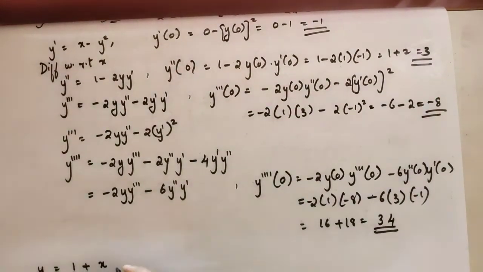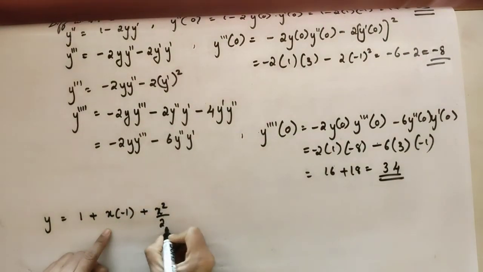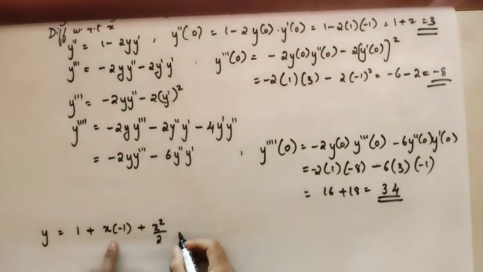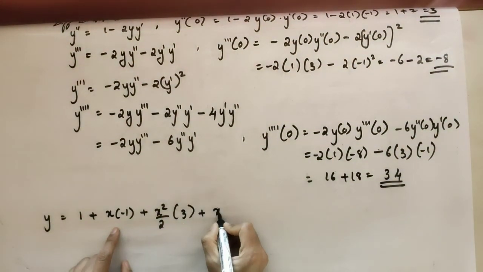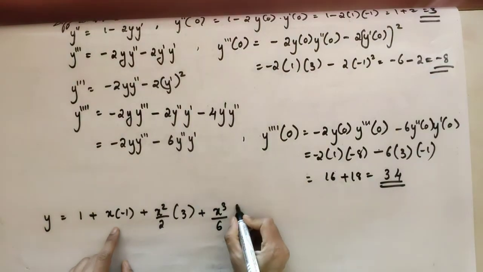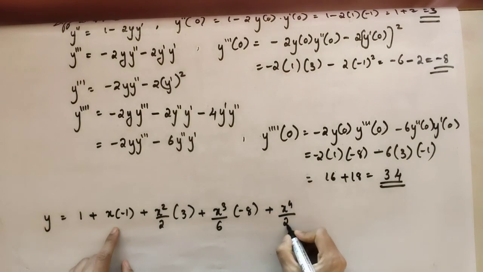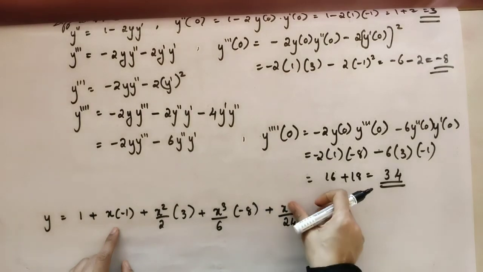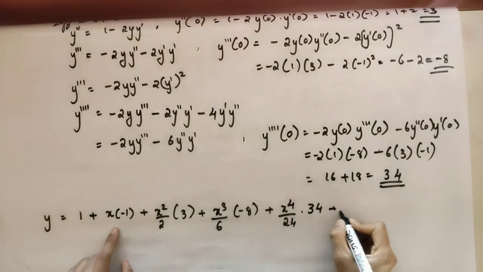Y dash of 0 is minus 1, write minus 1 over here, plus x square by 2 you had, y double dash of 0, y double dash of 0 is 3, write 3 over here, plus x cube by 3 factorial, which is 6, y third dash of 0, which is minus 8, plus x to the power 4 by 24, into y fourth dash of 0, which is 34, plus so on.